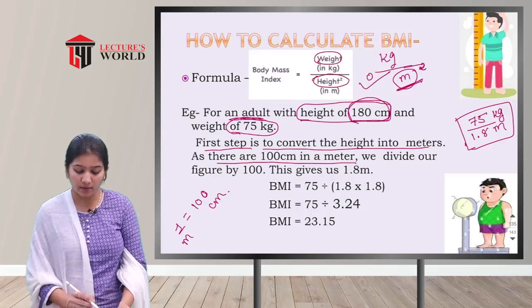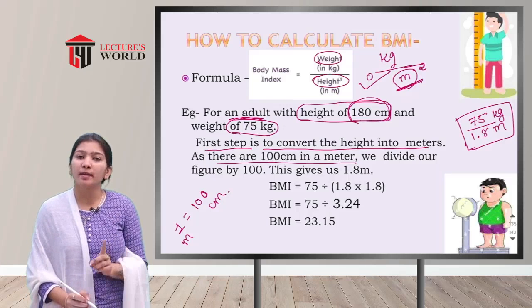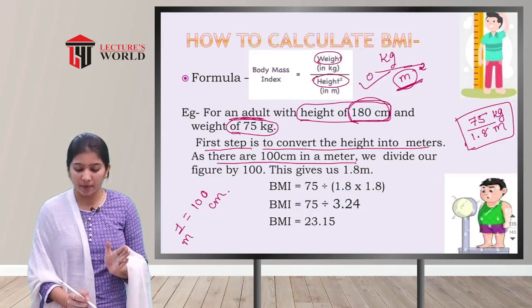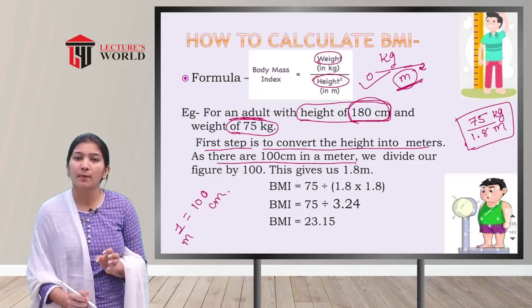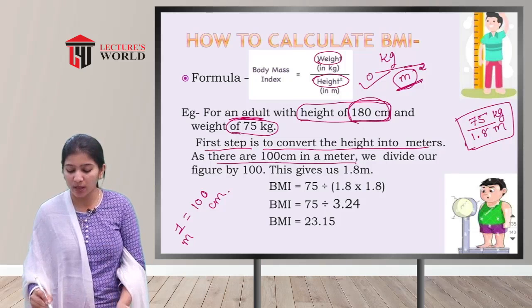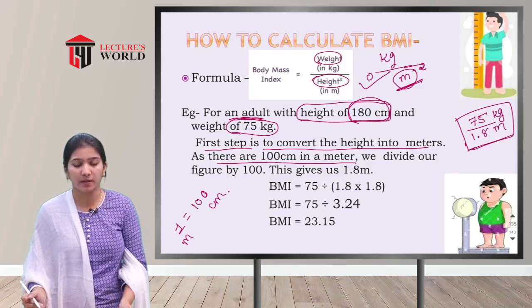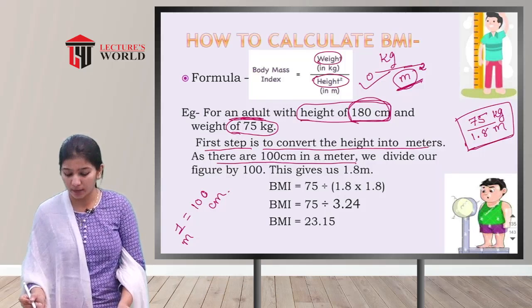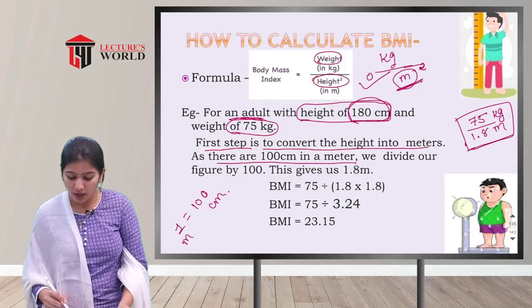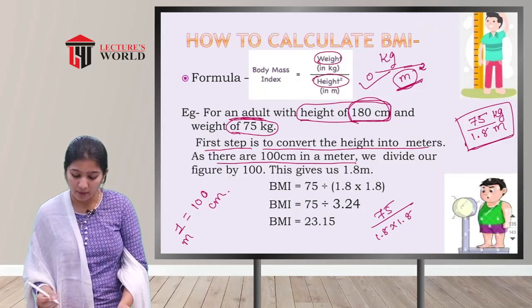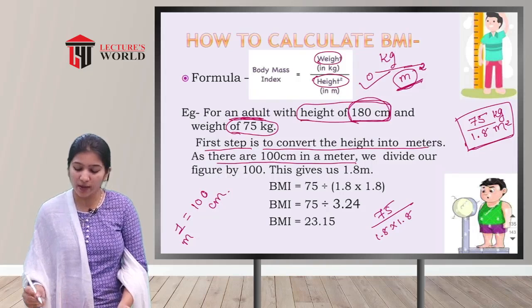As we have seen in the formula, 1 meter is equal to 100 centimeters. By keeping that in mind, we convert the centimeters into meters, that is 1.8 meters. So now 75 upon 1.8 into 1.8, because we need to do the square of this.